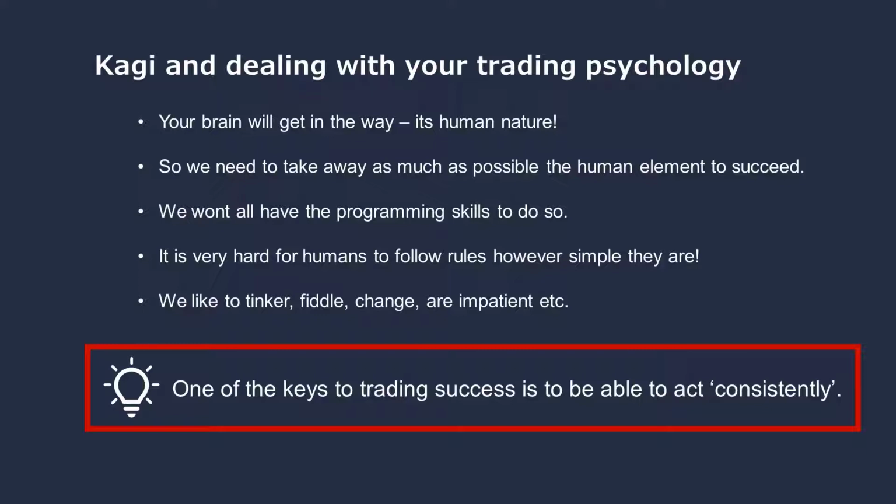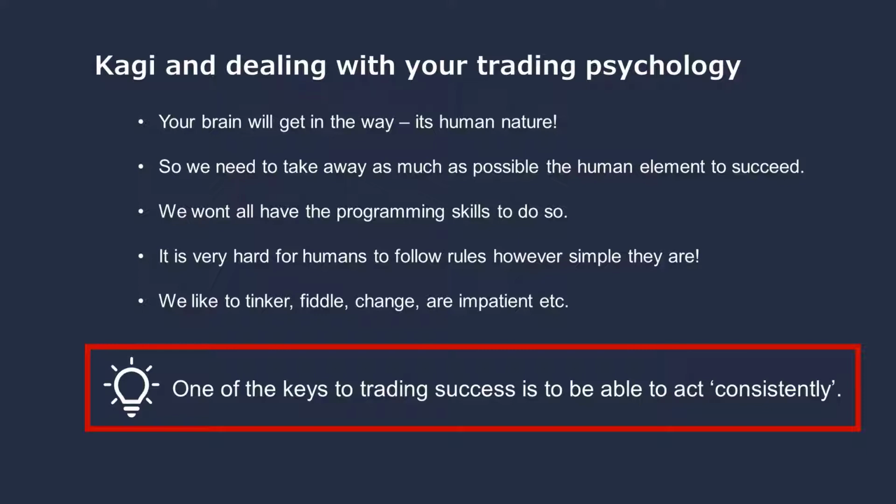We make mistakes, we want to succeed, we fiddle, we tinker, and it's very difficult to be consistent and disciplined. And we don't all have the programming skills to be able to out-program that bad stuff that we've got in our heads, and it's very difficult for us to follow rules.